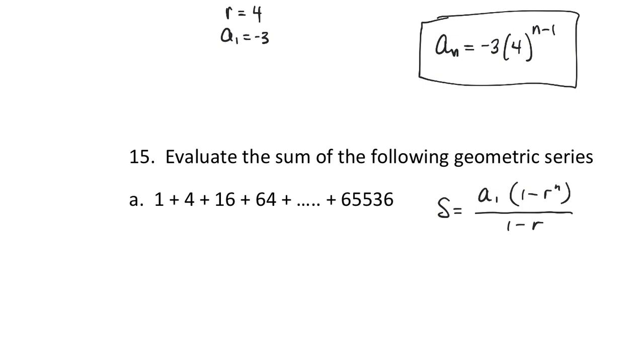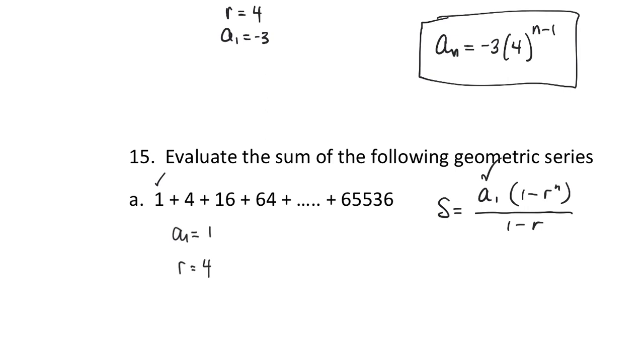So what we need to know here is first term, a sub 1, which we know. We need to know the common ratio. So from 1 to 4 to 16 to 64, looks like we're multiplying by 4 every time. So first term a sub 1 is 1, common ratio is 4.